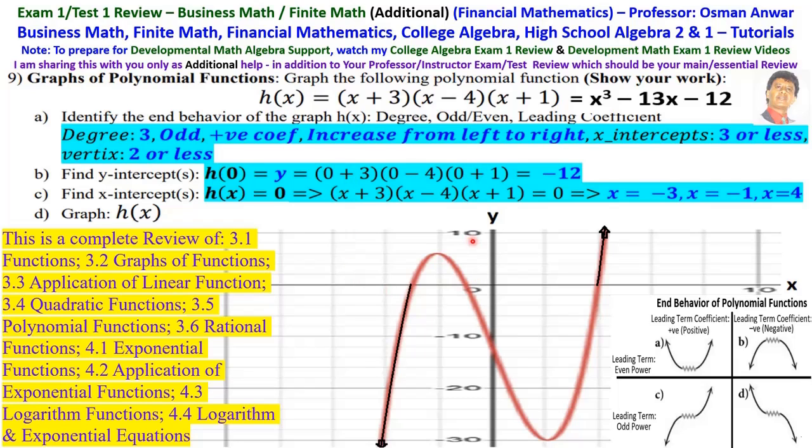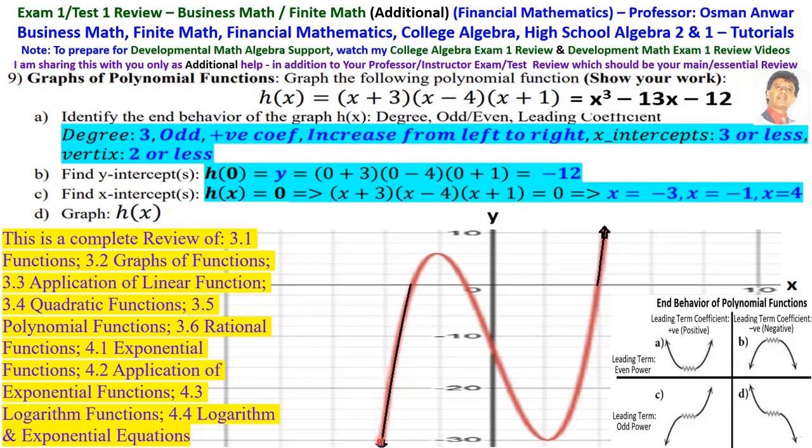But right now we're going to use this analysis to graph it. So to graph this, the first thing is we graph the end behavior. So x equals minus 3 is the x-intercept to the left. Then from minus 3 to infinity, it is this graph.